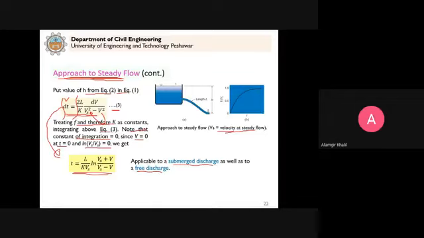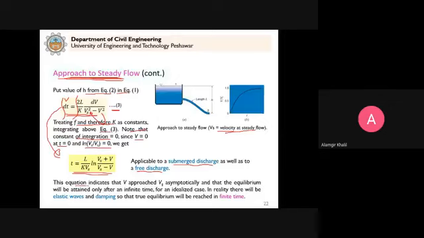We already discussed that. And this equation indicates that V approaches Vs asymptotically, and that equilibrium will be attained only after infinite time. This equation is telling us that for V to approach Vs, it will require infinite time. Why?